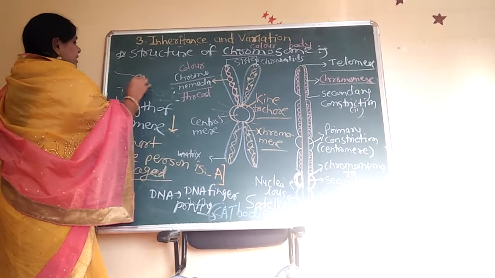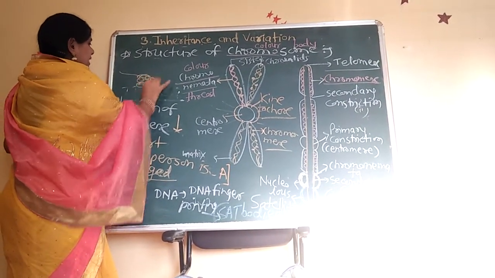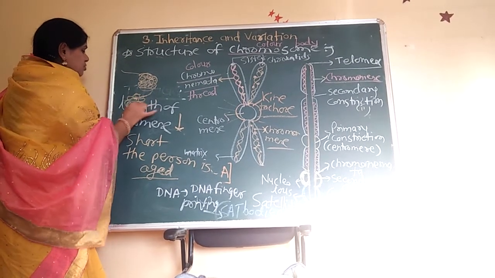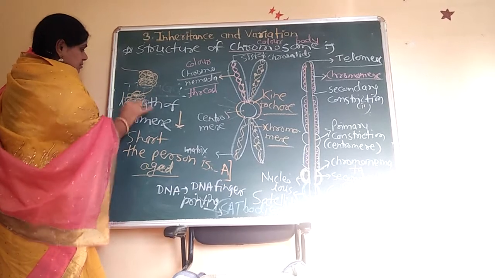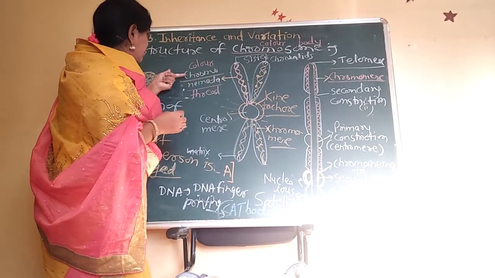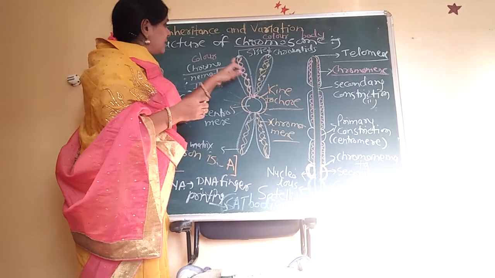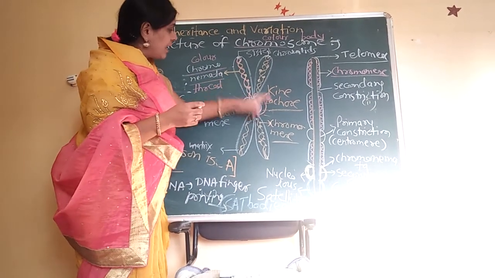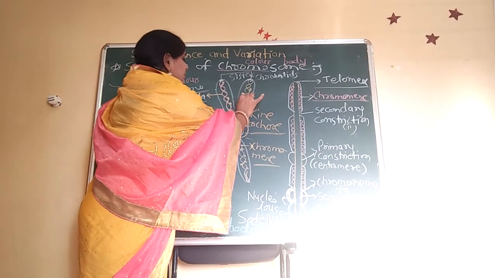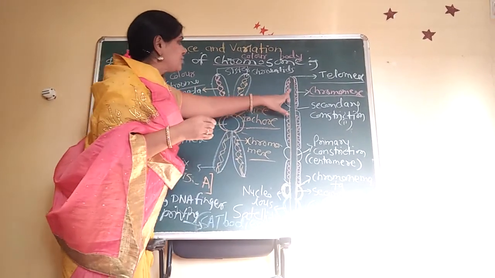When DNA binds, it looks like this. That part looks like a swelling, and this is the chromomere. Chromonema is nothing but the DNA, and chromomere is the histone protein part, the swelling part.